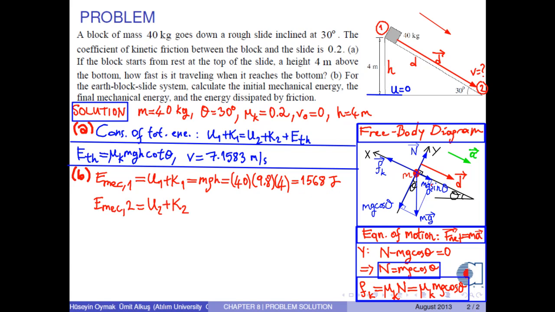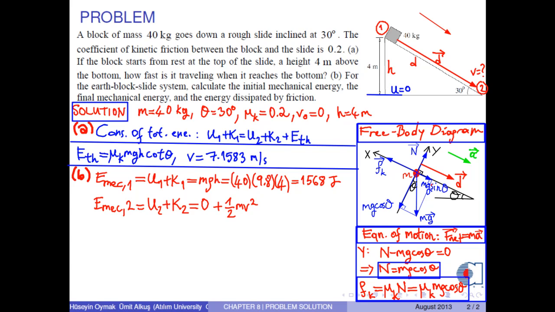The final mechanical energy, which is denoted by E sub mech 2, is equal to the sum of the final potential energy and kinetic energy of the block. The final potential energy of the block is 0, and the final kinetic energy of the block at the bottom of the slide is 1/2 times m times v squared.